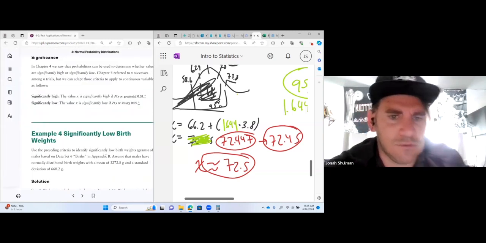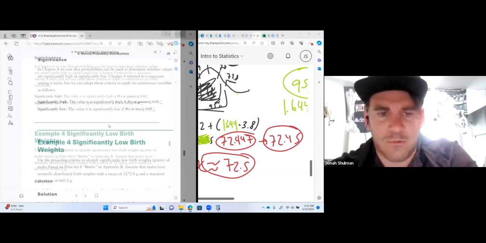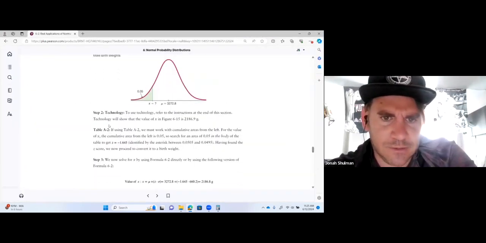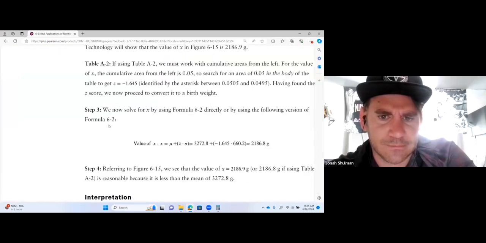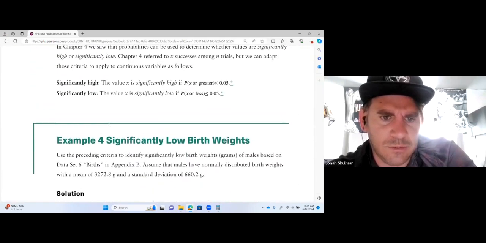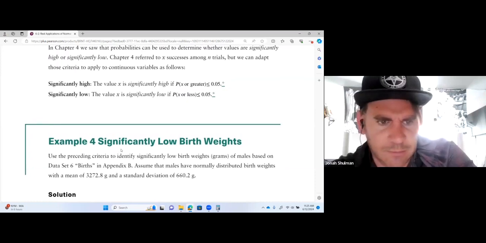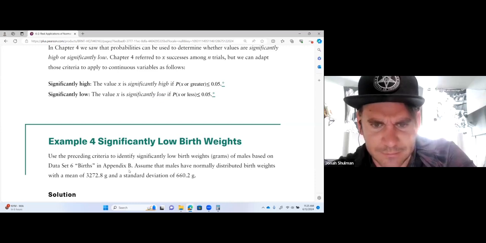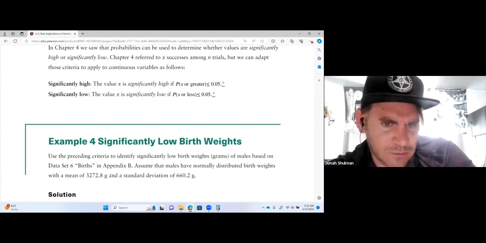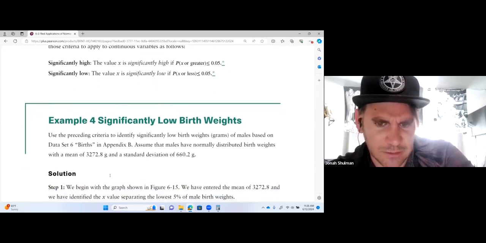So let's do another example before we get to the problems. So here it is. Use the preceding criteria to identify significantly low birth weights, based on Data Set 6, Births in Appendix B. Assume that males have normally distributed birth weights with a mean of 3,272.8 grams and a standard deviation of this.